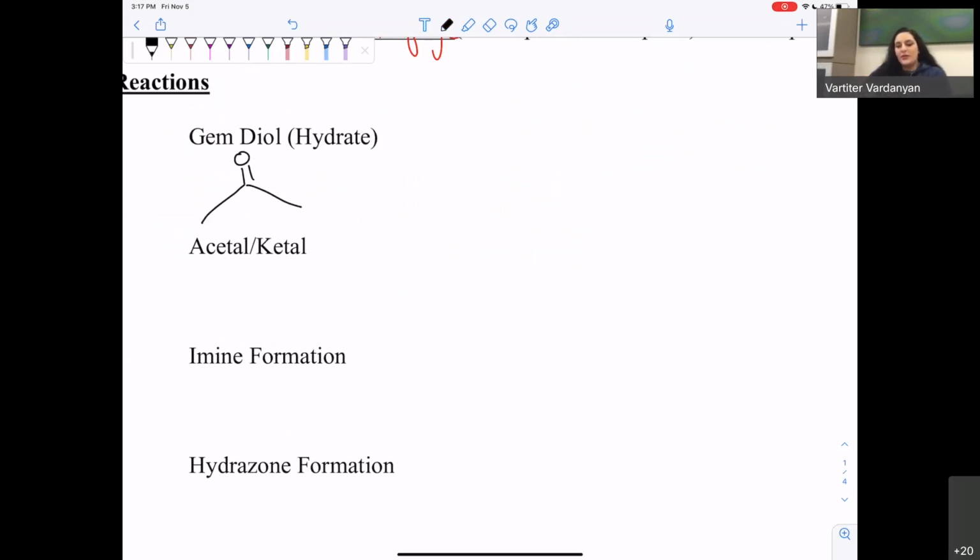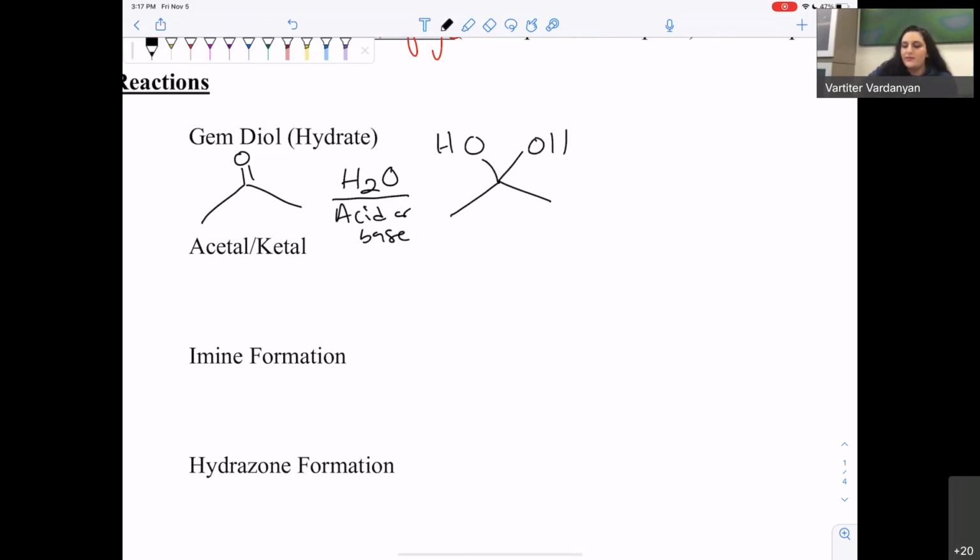So the ketone can react with water, and I'm going to be more general here: it can react with acid or base, and it's going to turn into a gem-diol. This is called a gem-diol because there are two alcohols on the same carbon, which is called the geminal position.